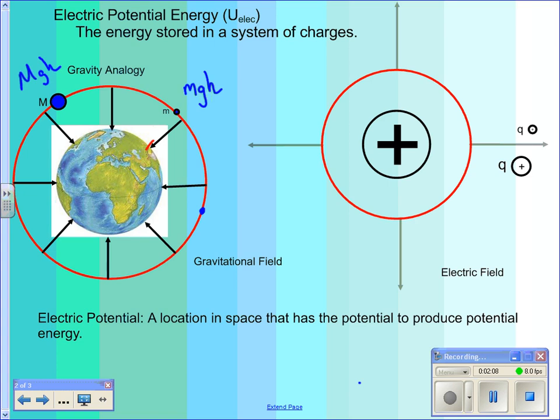And how would we talk about that? Well, if all I need to do is bring a mass in there, then the potential might be talked about in terms of joules per kilogram. If I were to bring a large mass up here, I would have more gravitational potential energy. If I bring a small mass, I have less. So that ratio is going to be an important idea when we get to charge.